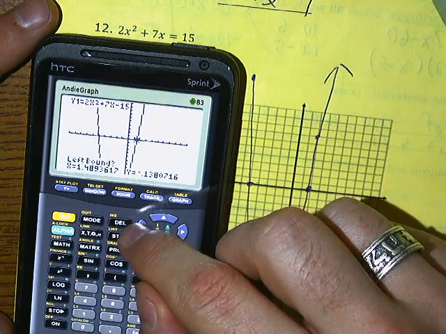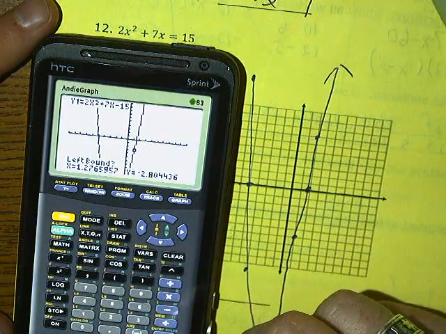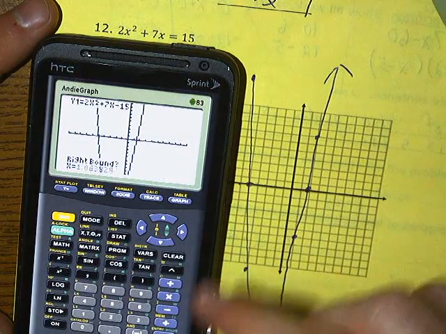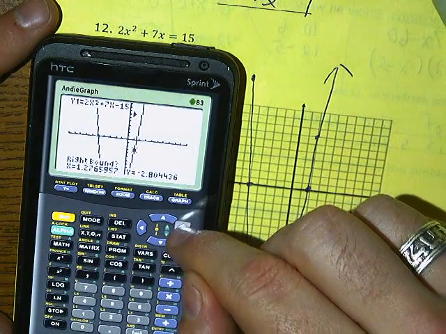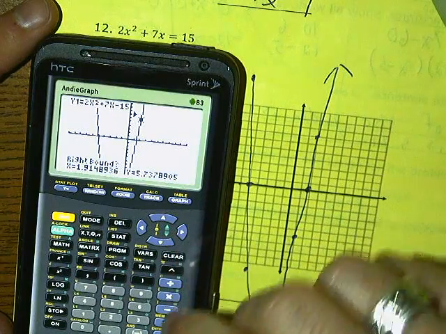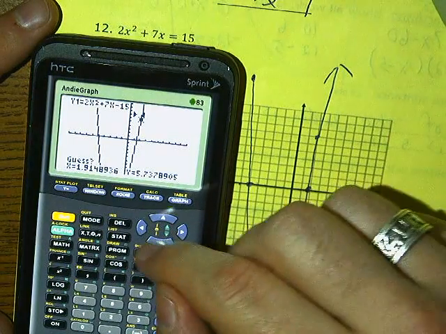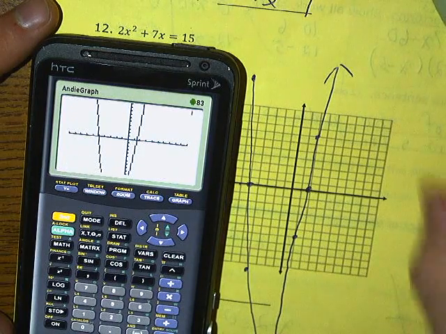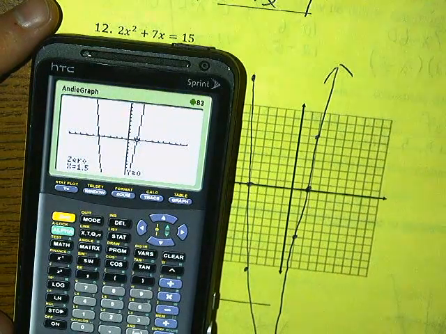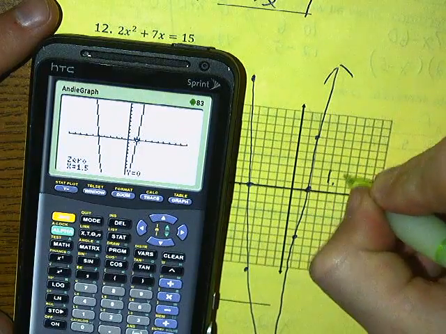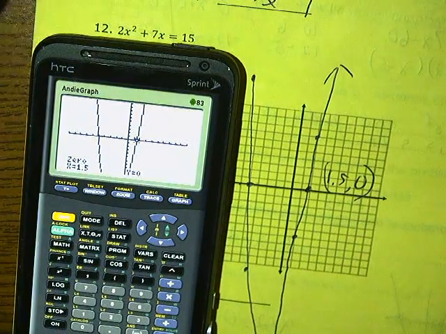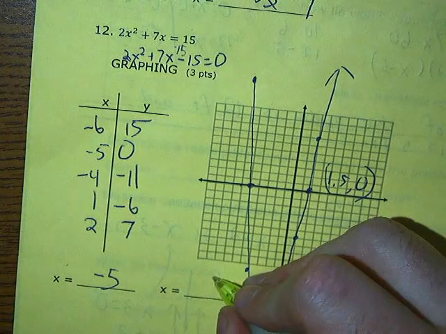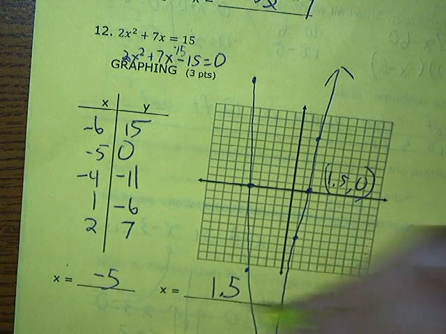It's asking me for the left bound, so I go to the left side of it and press enter. I go to the right side of it and press enter, my right boundary line. And in the guess, I go pretty close to it, press enter again, and it tells me that happened at 1.50. So one of my answers is positive 1.5.